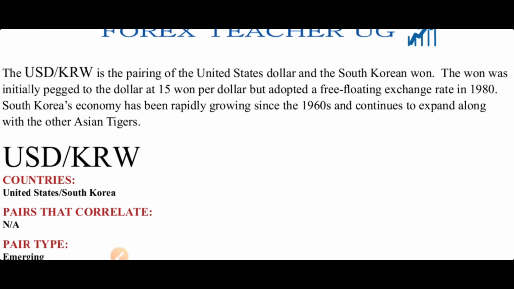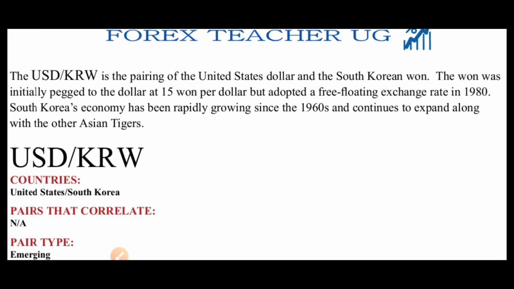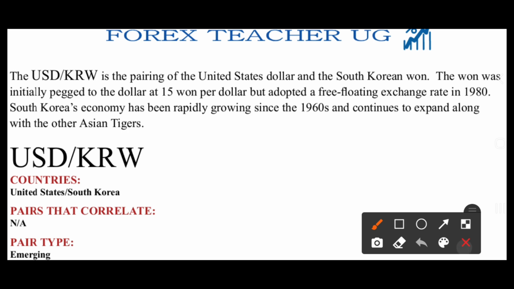So we have the United States dollar against the Korean won. Let's look at it, being the pairing of USD, the United States dollar, and the Korean won. The won was initially pegged to the United States dollar at 15 won per dollar, but adopted a free floating exchange rate in 1980. South Korea's economy has been rapidly growing since the 1960s and continues to expand along with the other Asian tigers.